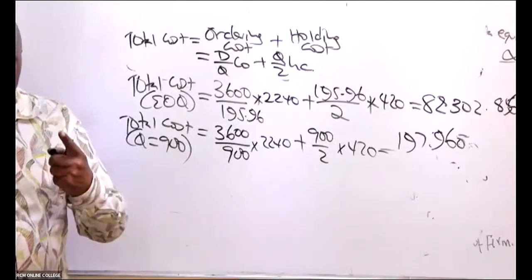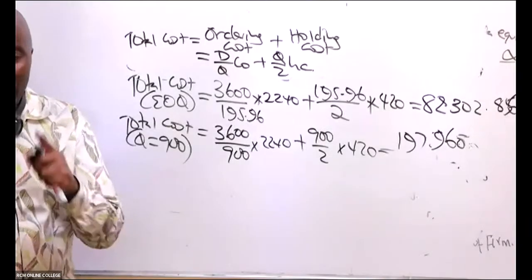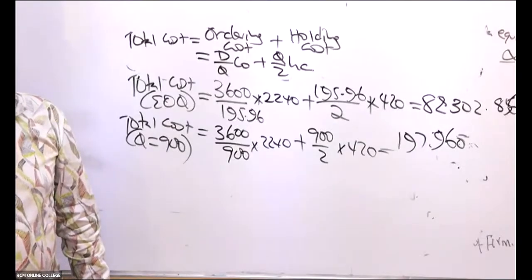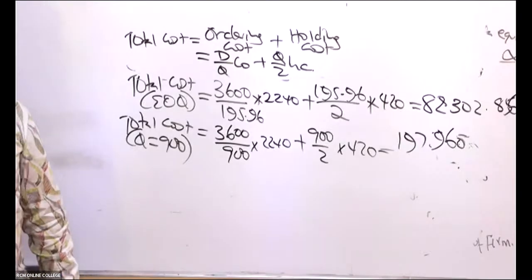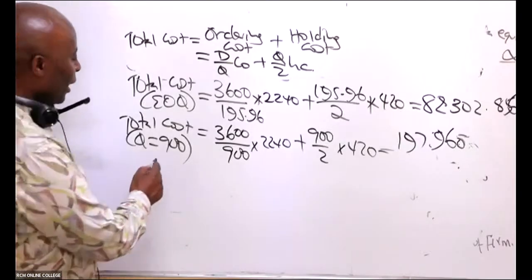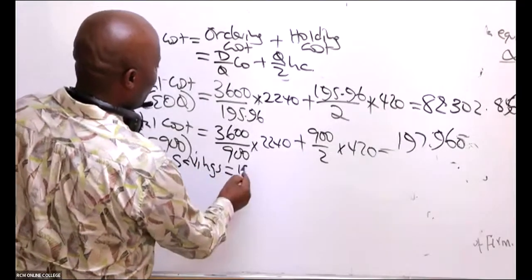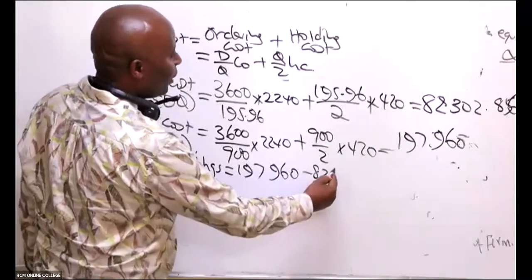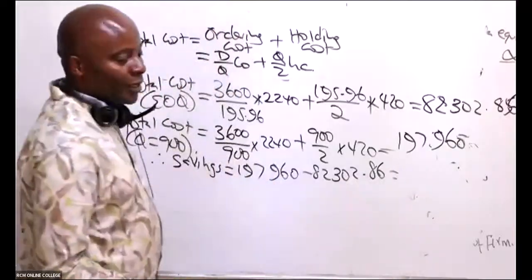And therefore, by going the EOQ way, how much are we able to save? Because I told you by definition, EOQ is the most economical quantity to acquire. It is the cheapest. How much are we able to save? Therefore savings will be 197,960 minus 82,302.86.